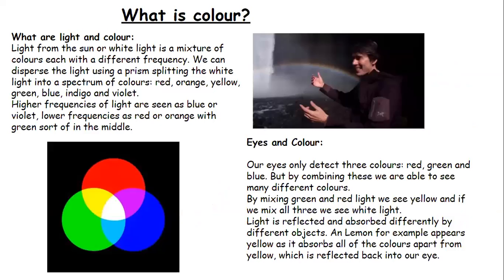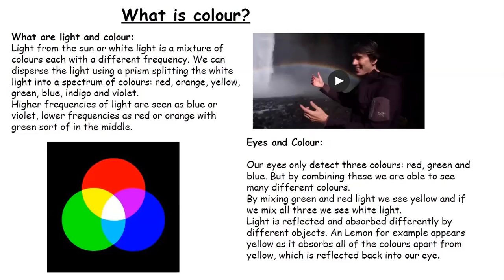Now, light and color. Okay, if you remember last week, we went over Newton's experiment that proved that white light is actually made up of a spectrum of colors and it isn't pure as was the common belief.